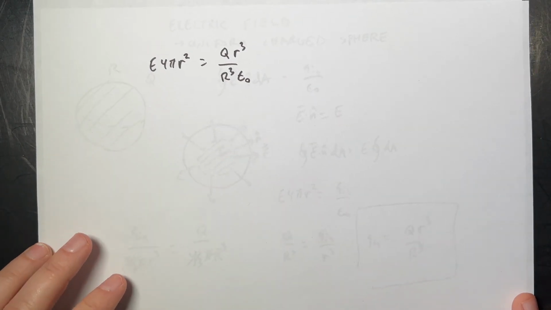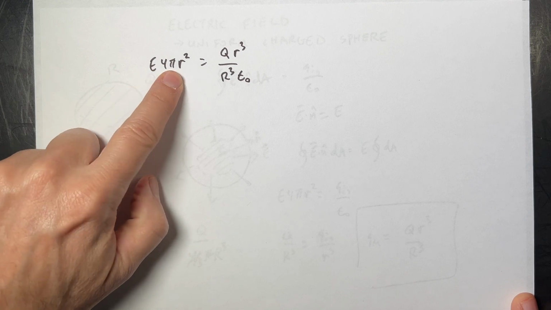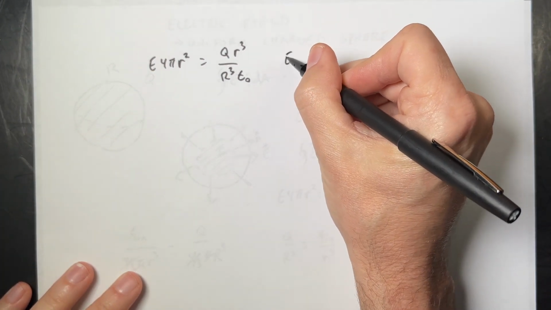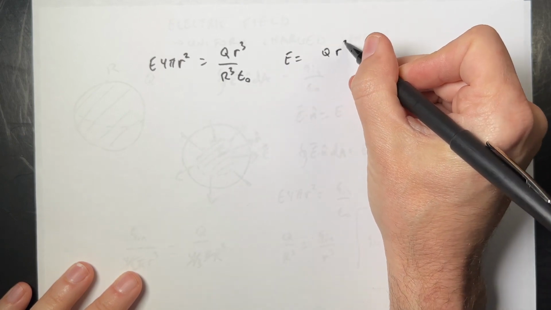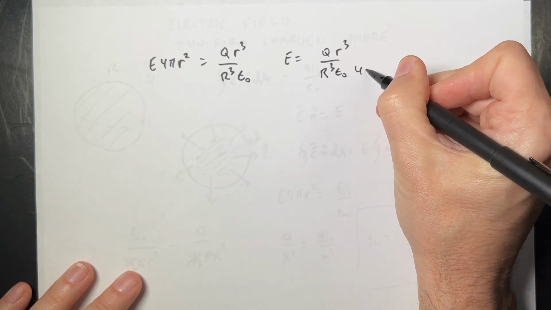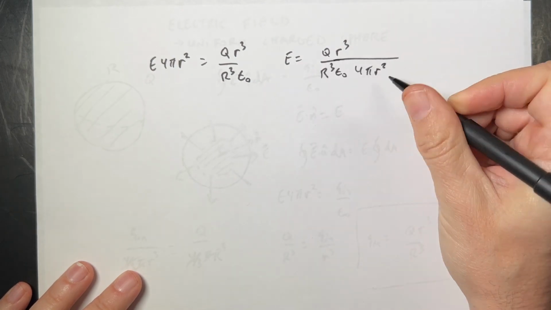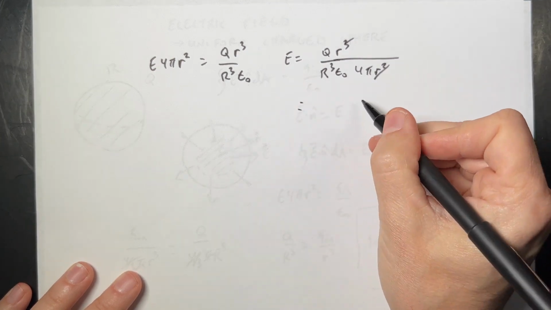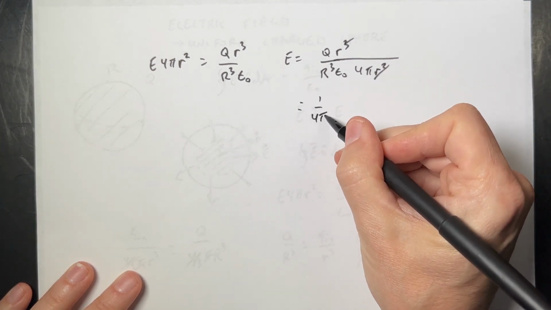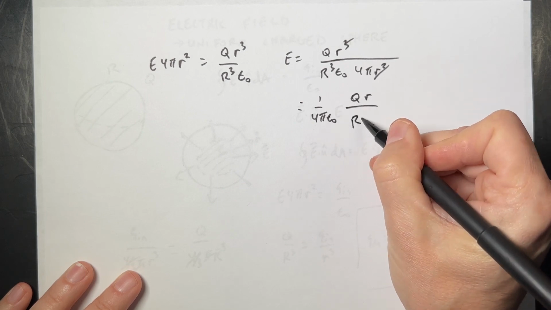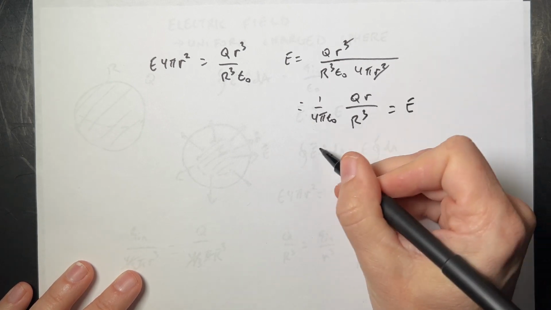Now let's just solve for the magnitude of E. I'm going to divide both sides by 4 pi r squared, and I get E equals Q r cubed over R cubed epsilon naught 4 pi r squared. Well, look at that. Cancel, cancel. So this is going to be equal to 1 over 4 pi epsilon naught, Q r over R cubed. And that's E.